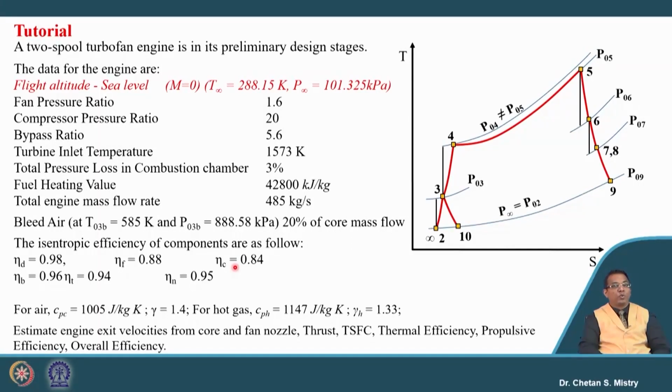Our fan pressure ratio is 1.6, compressor pressure ratio is 20, bypass ratio is 5.6, turbine entry temperature is 1573 Kelvin, total pressure loss in combustion chamber is 3%, fuel heating value is 42,800 kilojoule per kg, total engine mass flow rate is 485 kg per second, bleed air is taken at 585 Kelvin and 888.58 kilopascal, at 20% of my core mass flow rate.